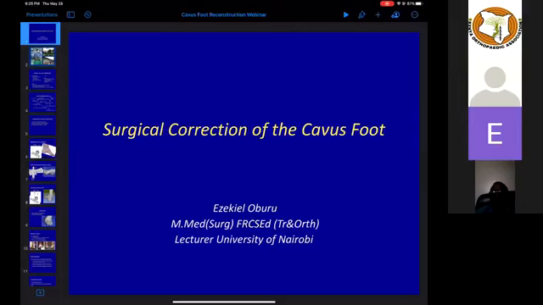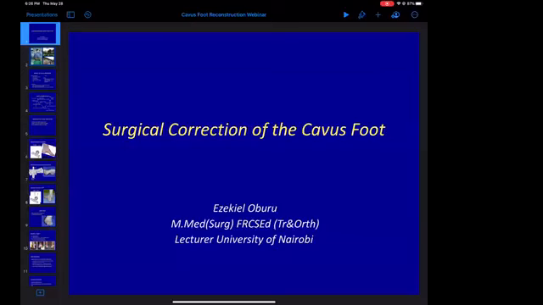If it is a flexible deformity, they're better off with correction: your calcaneal osteotomy, elevation osteotomy, your tendon transfer, rather than a fusion. A triple is a good procedure for those of you who've done it, but you're fusing the joints and giving the patient a rigid foot. So avoid a triple if you can. Technically it's a good procedure for the surgeon, but for the patient, in the very long term, it's not good.